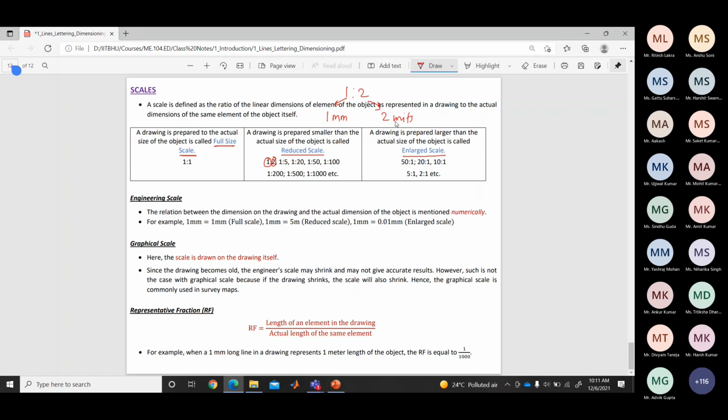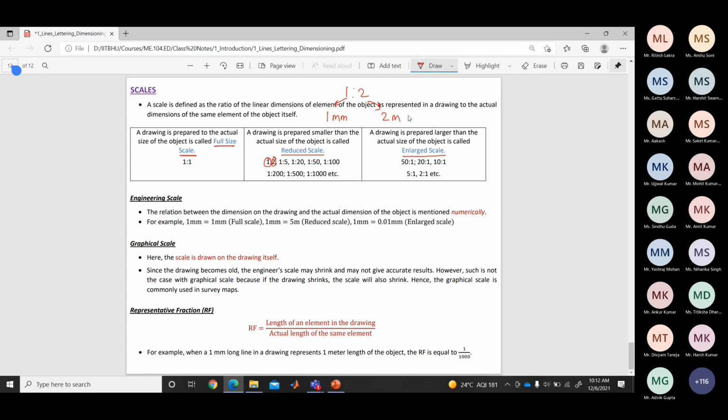This can be anything depending on what we are doing. Whether we are drawing objects which are too big, which are preferred in centimeter, then we can give the centimeter. If we are drawing buildings, huge structures, then 1 mm is equal to 2 meter.